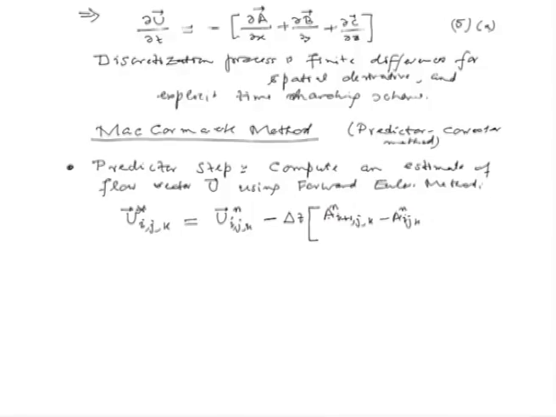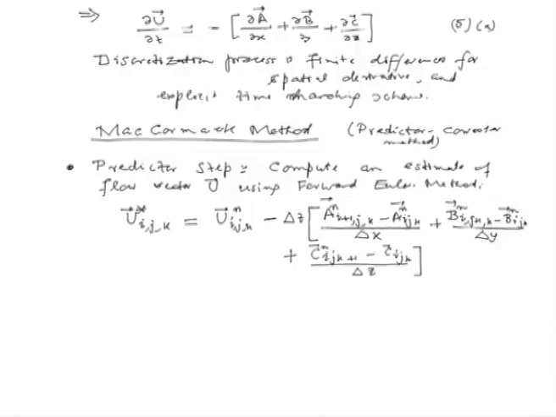This vector A would be evaluated using the solution at time level n divided by delta x plus similarly B I j plus 1 k minus B I j k evaluated at time level n divided by delta y plus C I j k plus 1 minus C I j k at n divided by delta z. So, this is a predicted value.